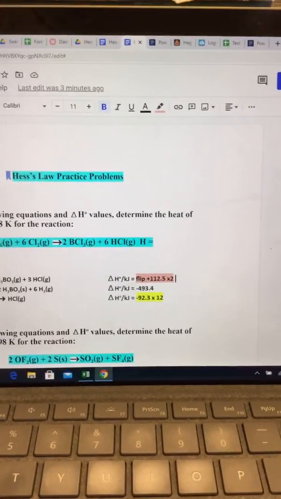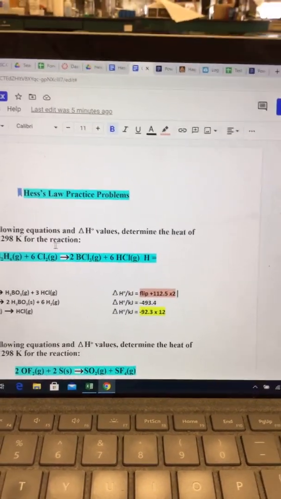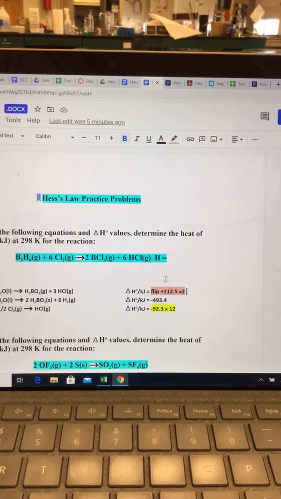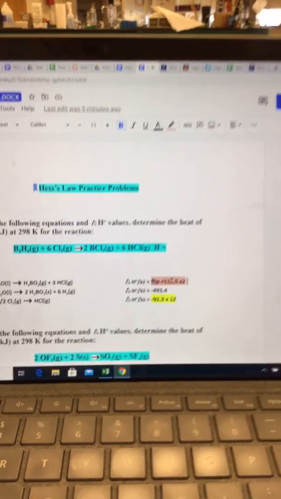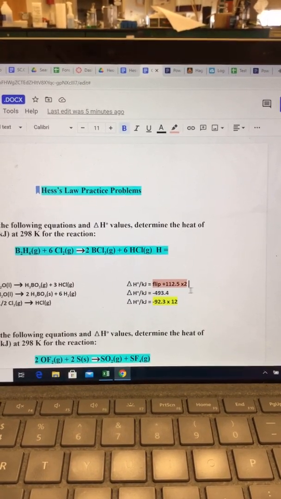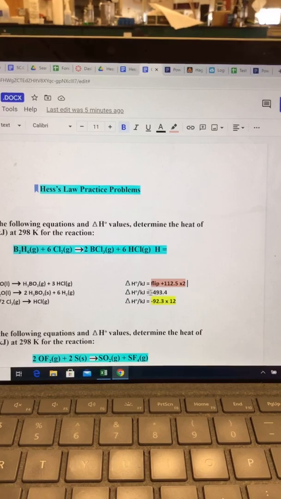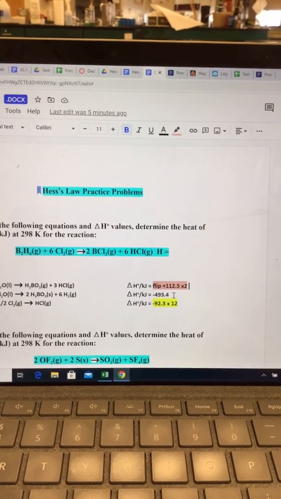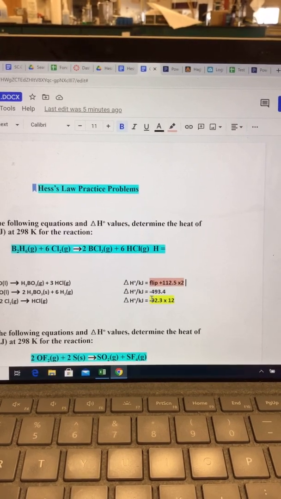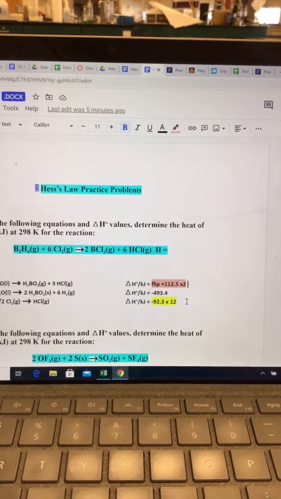So now, all that I have to do is, where's my mouse? I'm going to now do the sum total of all these heats. I'm going to take a positive 112.5 and multiply it by 2. Then I'm going to add to it a negative 493.4. Then I'm going to add to it a negative 92.3 times 12.